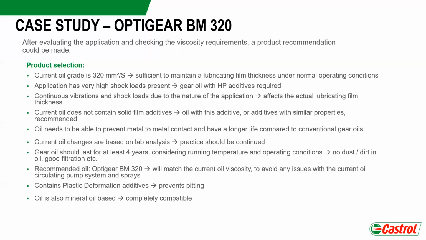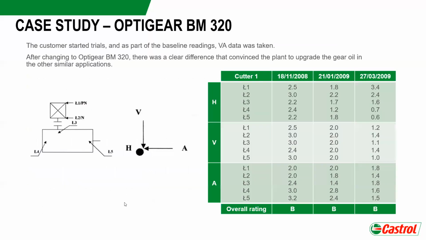So next slide, please. So after we changed over to the Castrol OptiGear BM320, which is 320 centistoke base oil viscosity, it contains that plastic deformation additive that you've seen from the video previously.